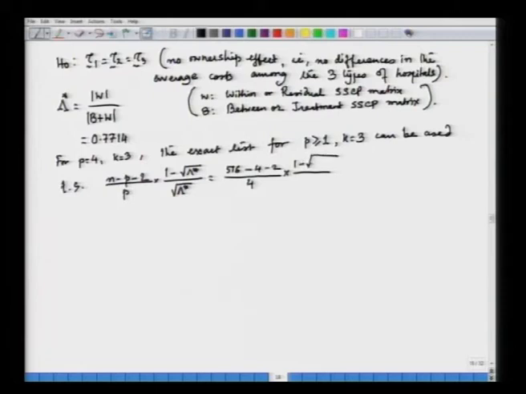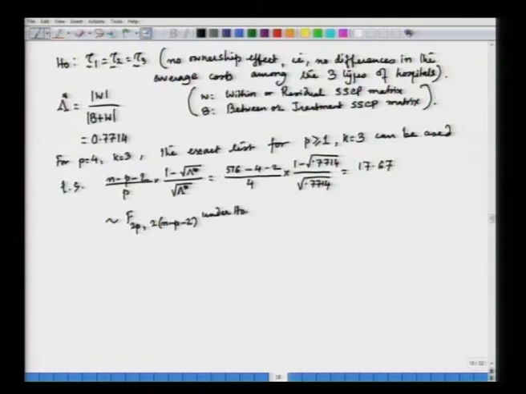This is the root of 0.7714, divided by this, giving me the value 17.67. That is the observed value of the test statistic from the data, and this test statistic follows an F distribution with degrees of freedom 2p and 2(n minus p minus 2) under H naught.